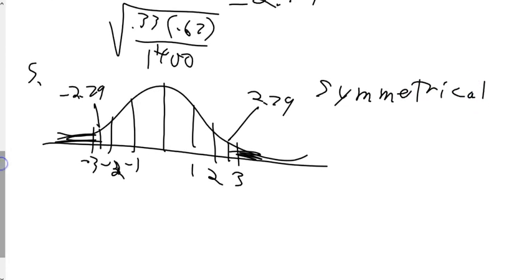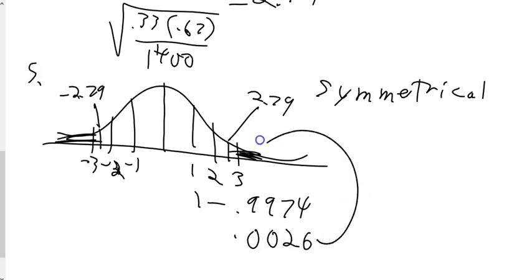So when we look up 2.79 on our chart in our blue book, we get 0.9974. But we don't want that, do we? We want 1 minus, because we shaded to the right, and that gives us 0.0026. That's the area right here. Since it's symmetrical, that is also the area right there.